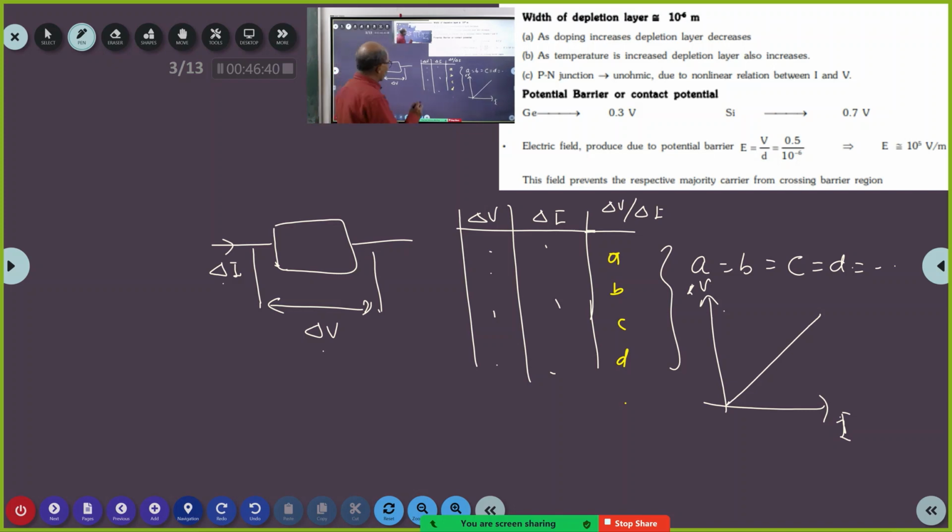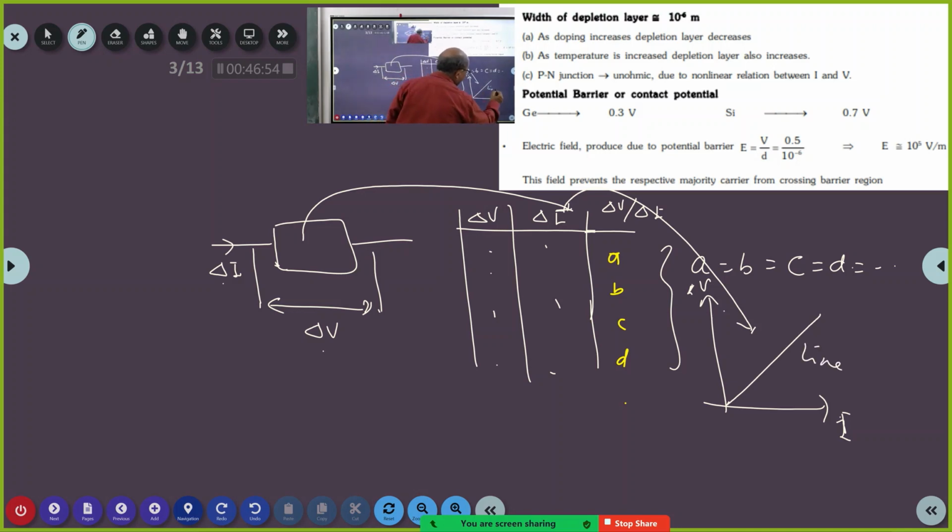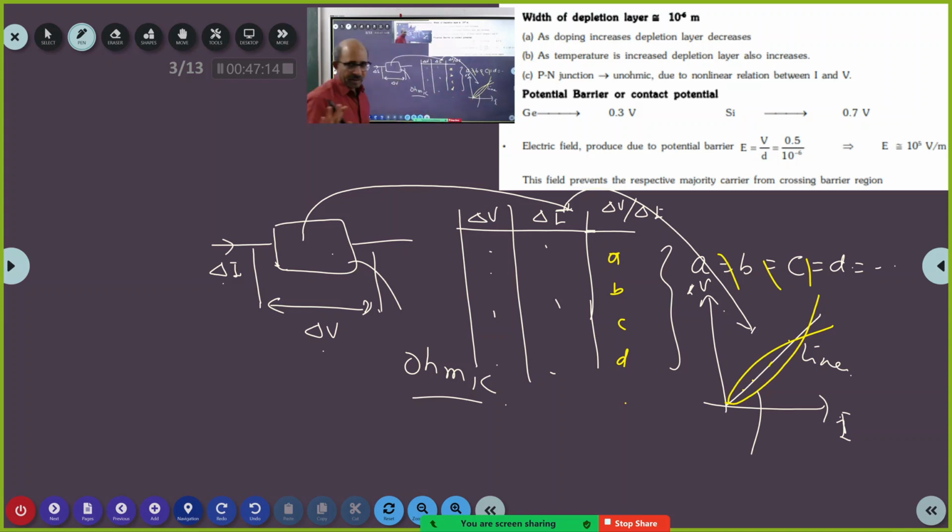So if you go through this tabulation and plot, and you get a V versus I characteristic like this, then this characteristic is called linear, and therefore this material is ohmic. Now supposing you don't get equal values, and you plot them, then you will get a graph like this or like this. Then it is non-linear and it is unohmic. Understood the difference?